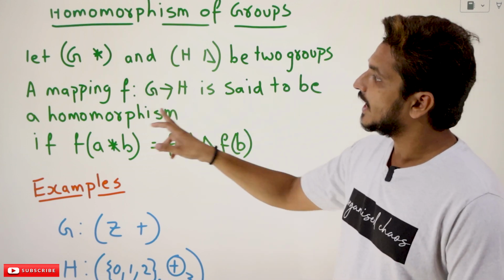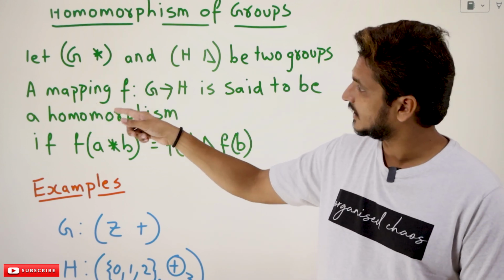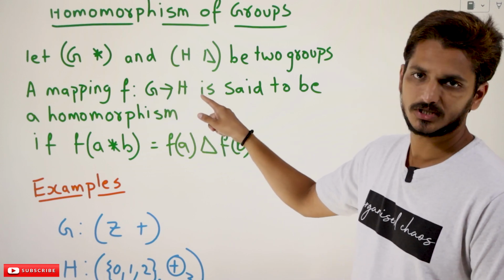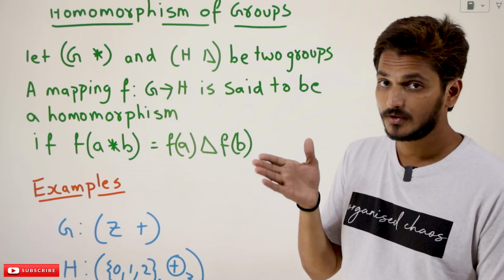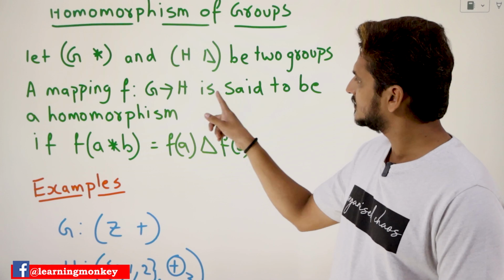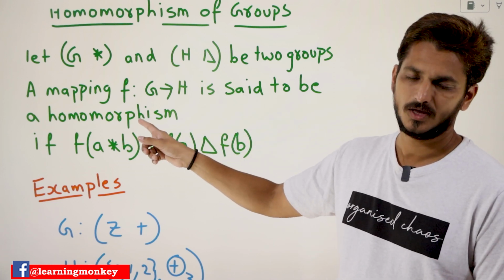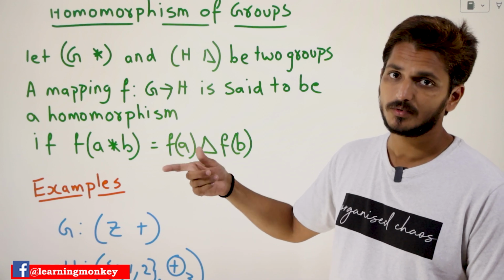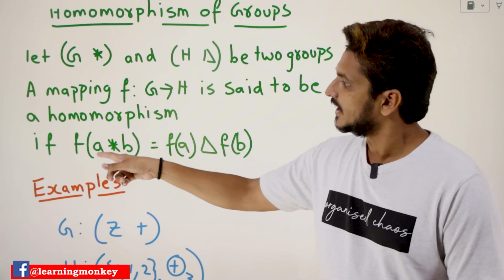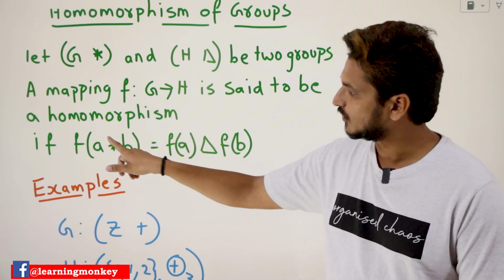Be two groups. A mapping, meaning a function f from G to H, is said to be a homomorphic function, a homomorphism, when it satisfies this condition. What's that condition?